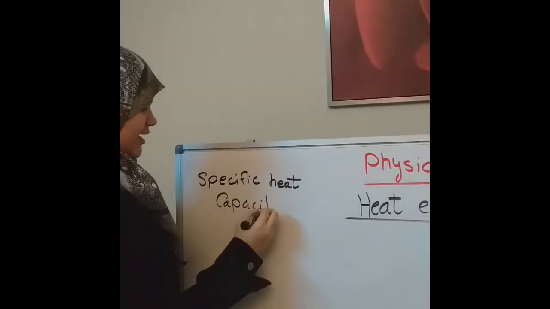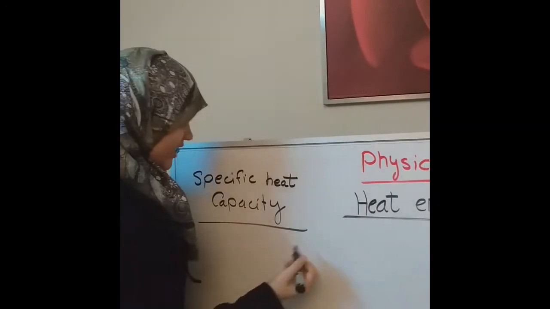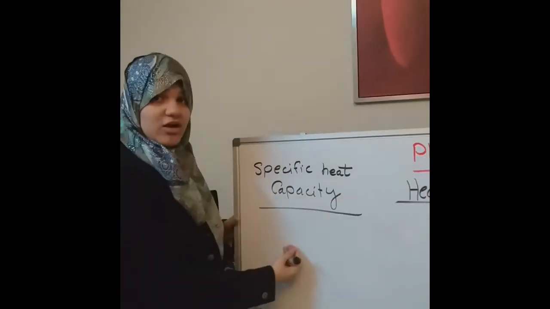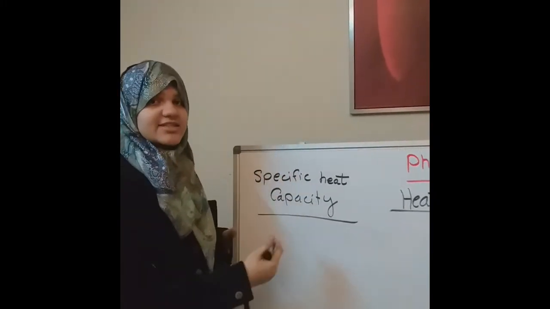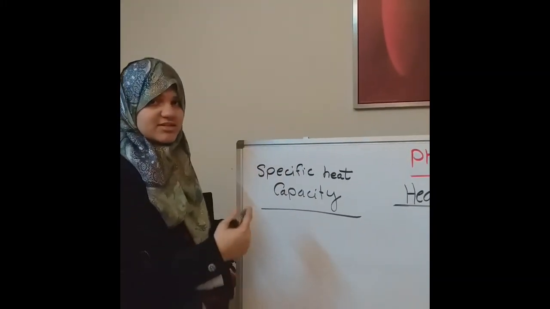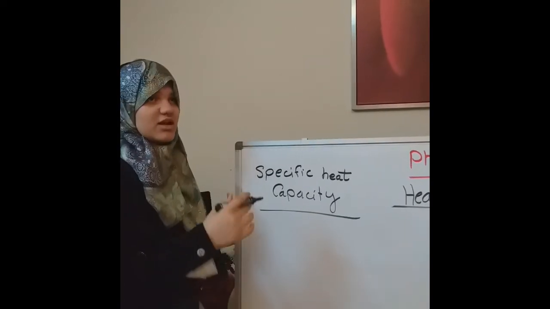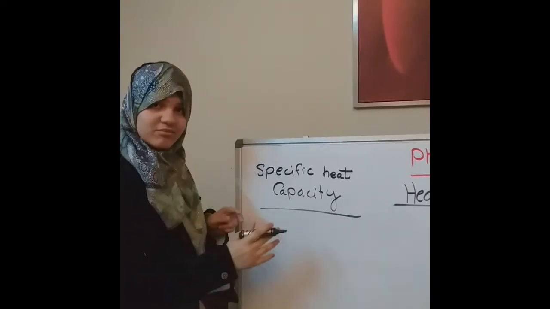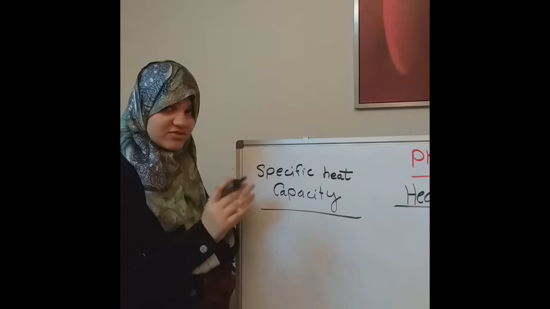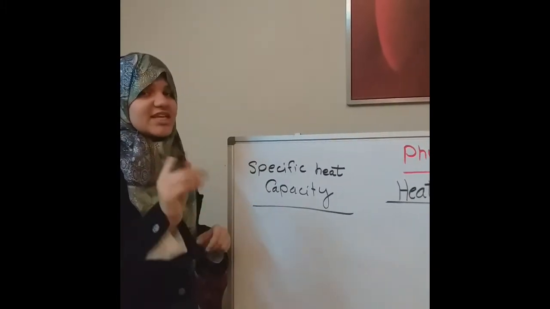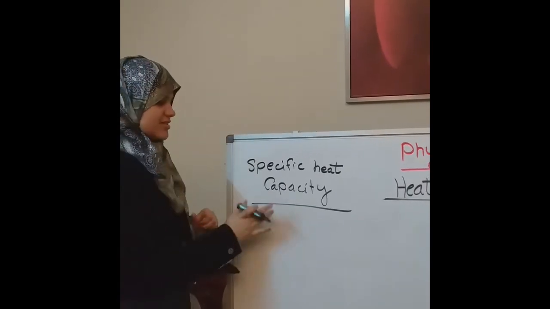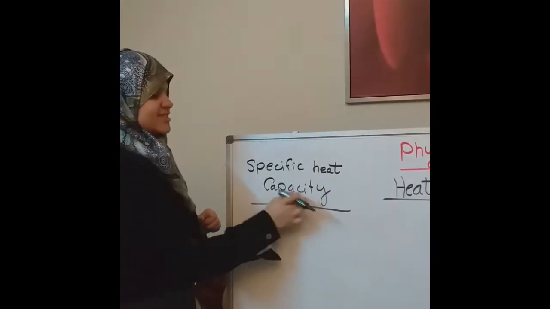Specific heat capacity is the amount of heat energy needed to raise the temperature of 1 kilogram mass of the substance by 1 degree Celsius. That means the specific heat capacity.